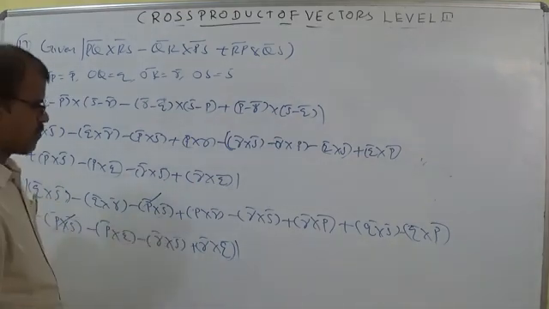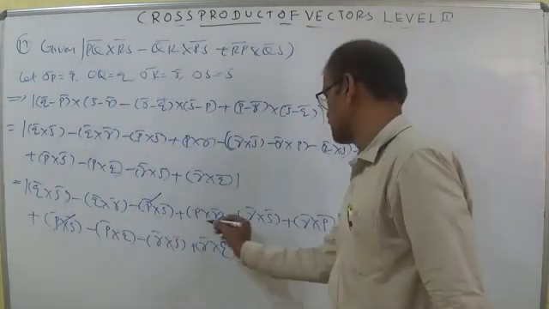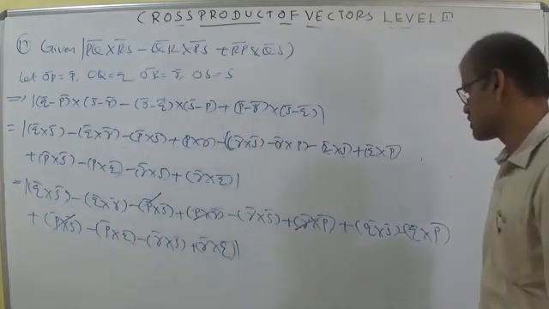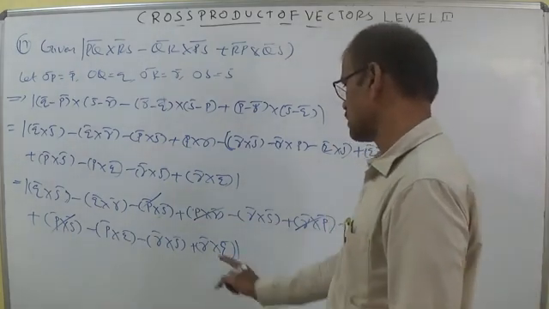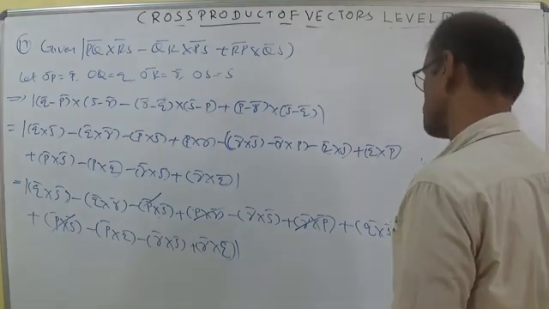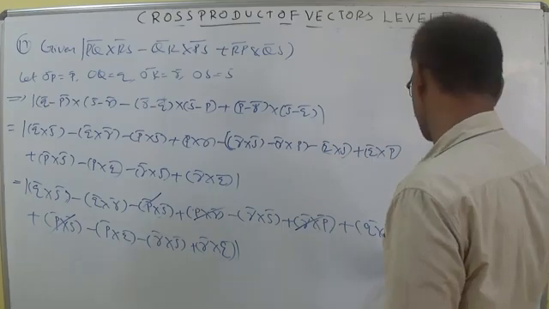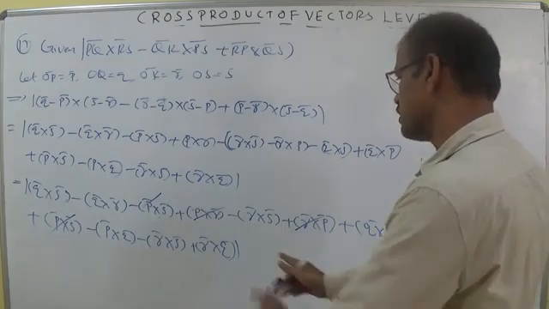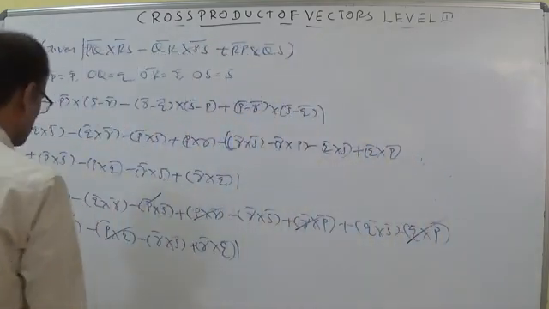P cross R and R cross P, minus and minus, get cancelled. Minus R cross S appears twice. Minus Q cross P and plus P cross Q get cancelled.